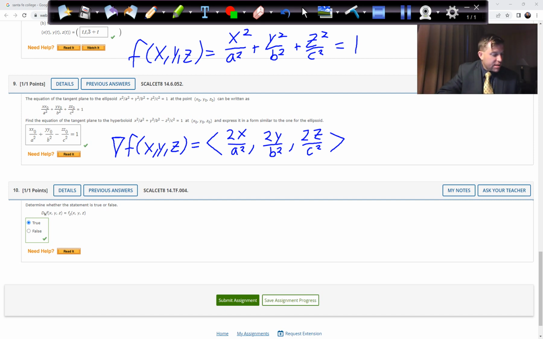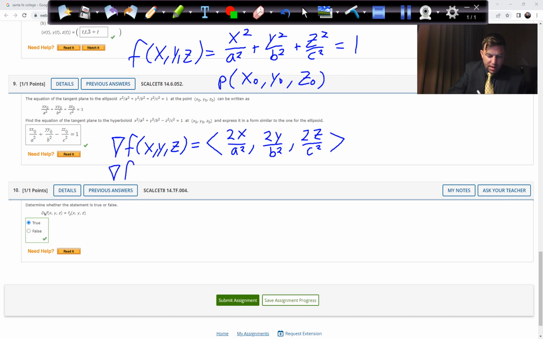Okay, now they want us to put the gradient in at the point, so they want us to find the gradient at the point x0, y0, z0. So let's see here. Do I have room? I don't.